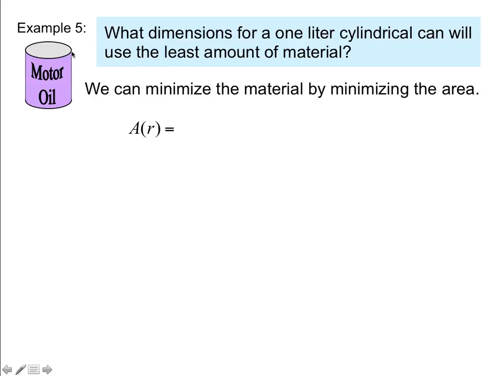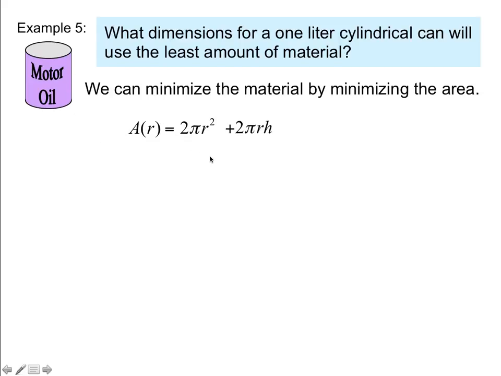And this curved surface, if we cut it, is actually a rectangle that is as tall as this purple and as long as the circumference as I go around the top of this can, so 2 pi r. So we have 2 pi r squared, that's the top and the bottom. And then to that we're going to add 2 pi r, that's the circumference of the top, times the height, which is that rectangle that we can unroll.